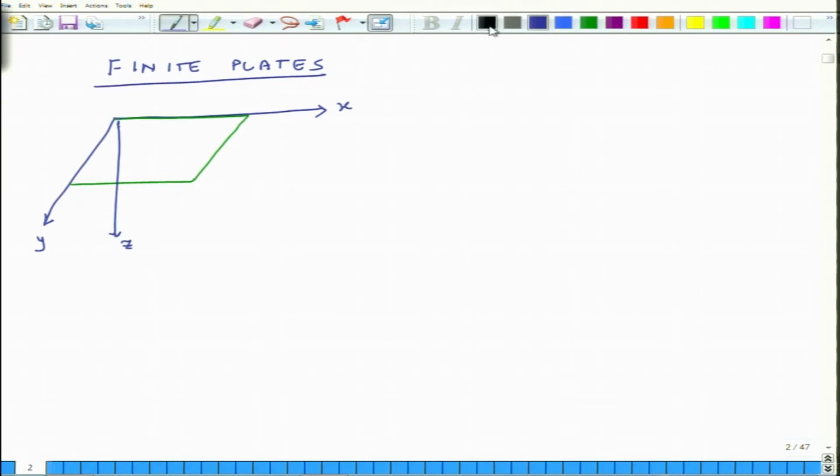This dimension in the y direction is b, in the x direction is a, and we say that r is equal to a over b, and that is the aspect ratio.